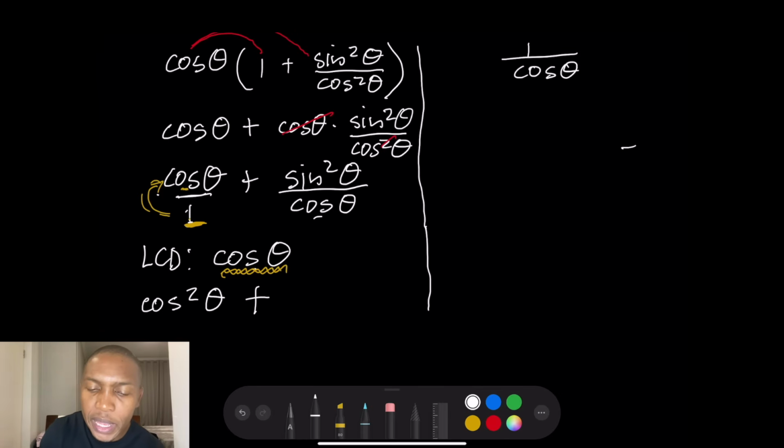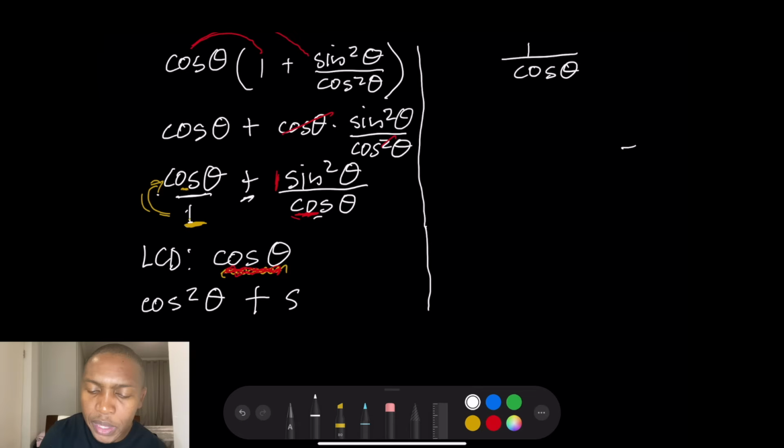Now remember, we had that plus sign there. I'm going to put this in red again. So now for this term here, we're going to say this would be cos of theta, the LCD, divided by the denominator. So cos theta divided by cos theta would be 1, multiplied by sine squared of theta.